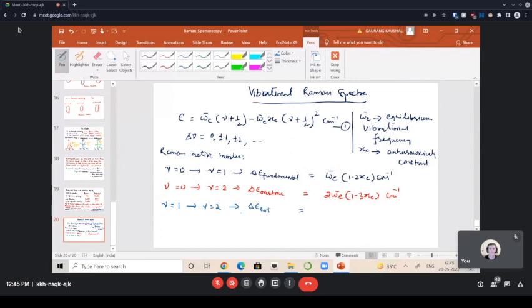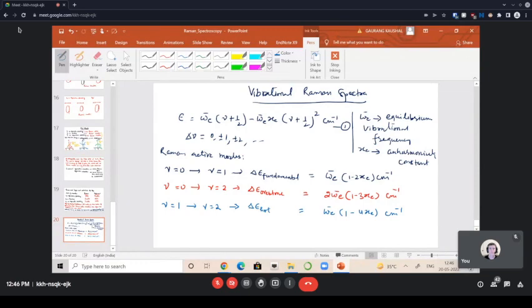When you put v equal to 1 and 2 in equation number 1 and find out the difference, you will see that it will be ωe (1 minus 4xe) centimeter inverse. So why is it a hot band? It is a hot band because there is a transition between the excited states. In this, v 1 and v 2 are both excited states, so that's why it is called the hot band or hot transition.